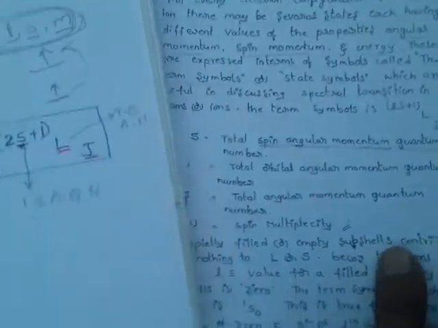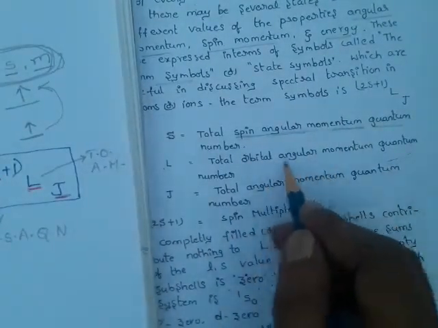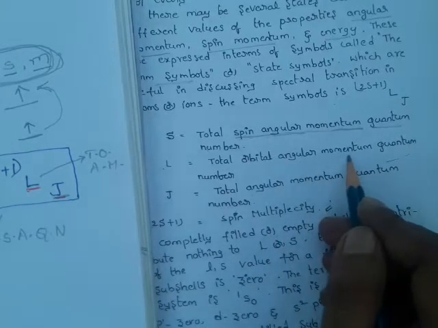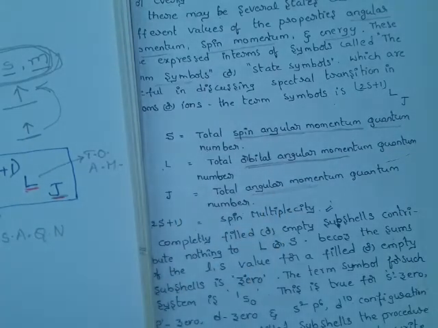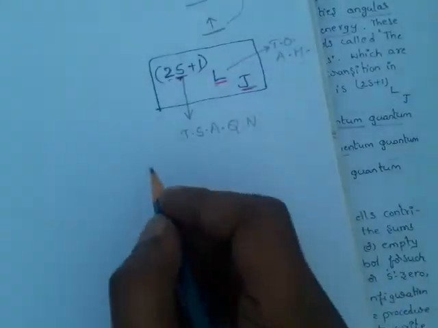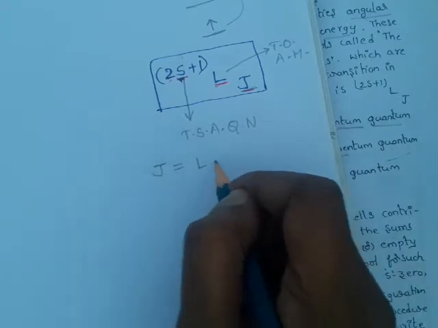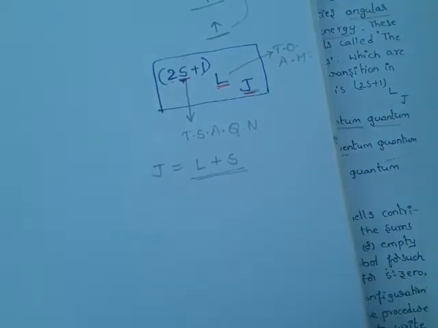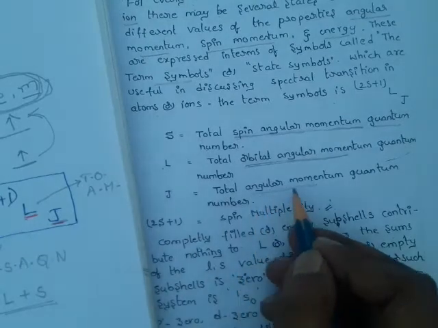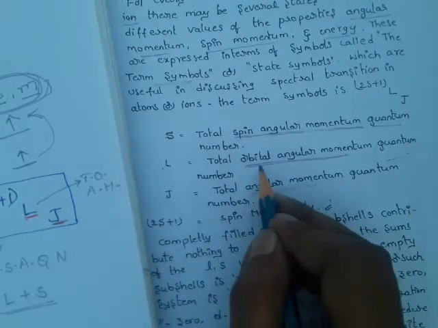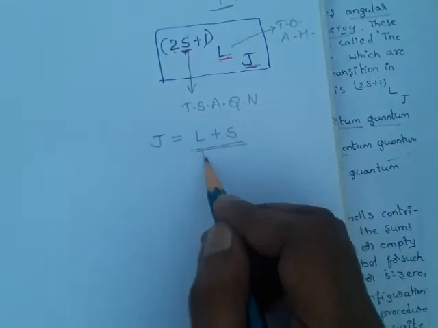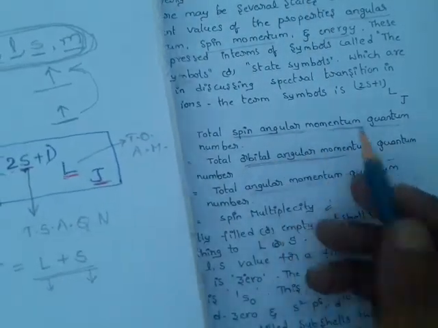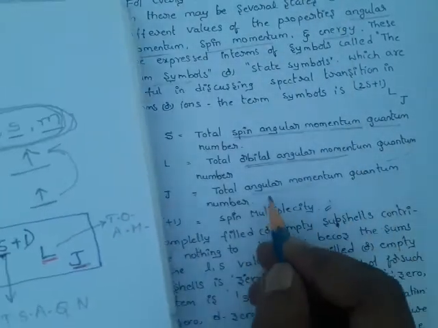Here J is equal to L plus S, that is, the total orbital angular momentum plus the total spin angular momentum gives the total angular momentum.